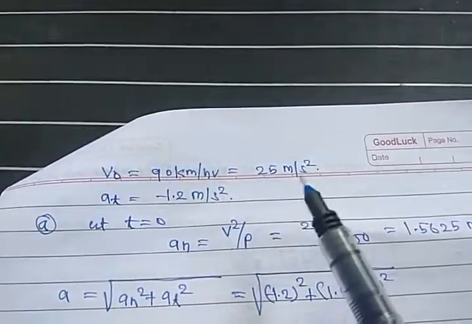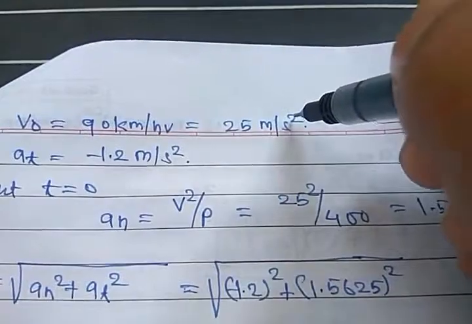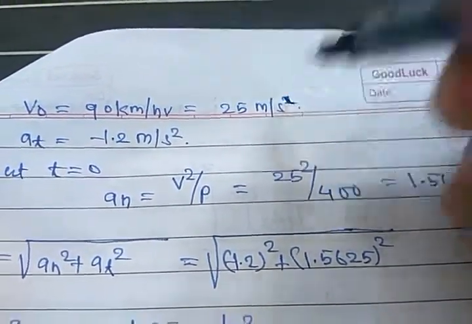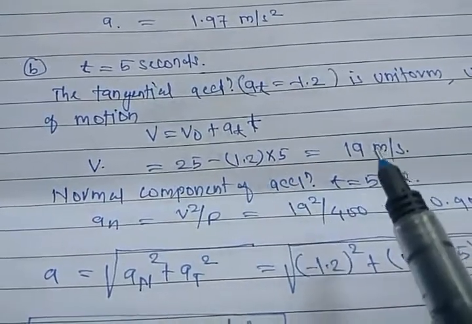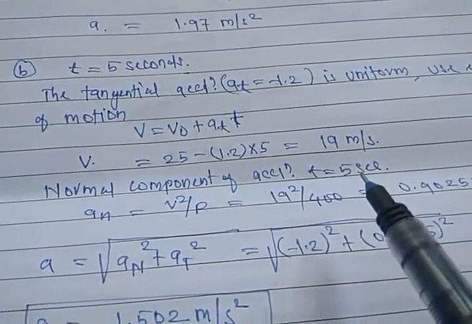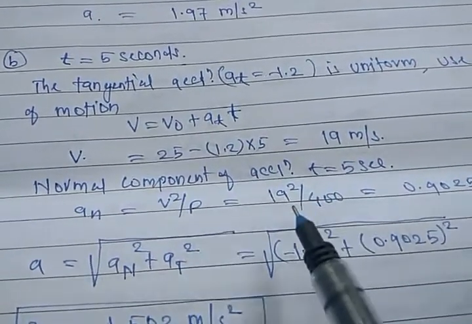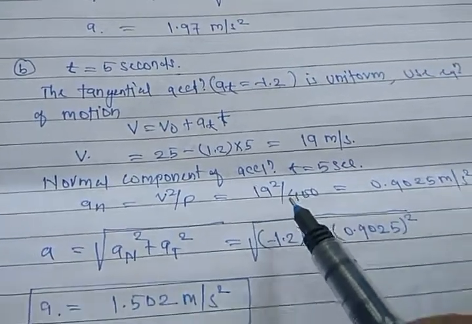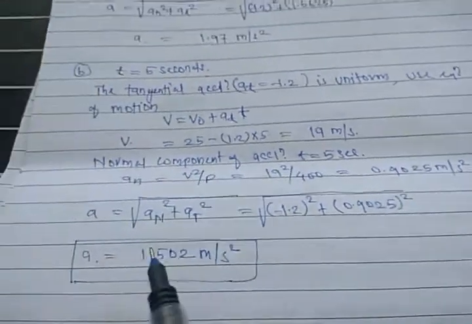Earlier it was 25 meter per second, my mistake. So normal component of the acceleration at t equals to 5 seconds, an is equals to v square by rho again, but now v is 19, so 19 squared by 400 comes out to be 0.9025 meter per second square.